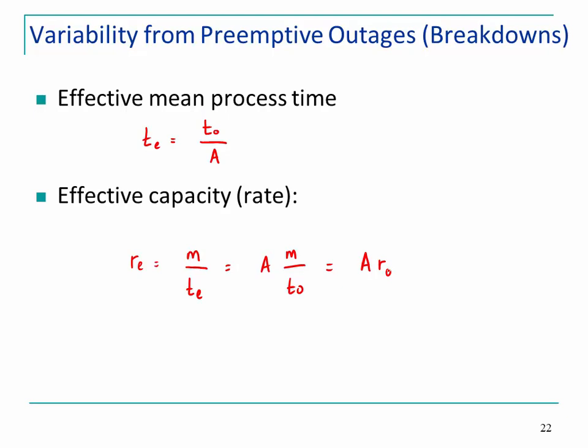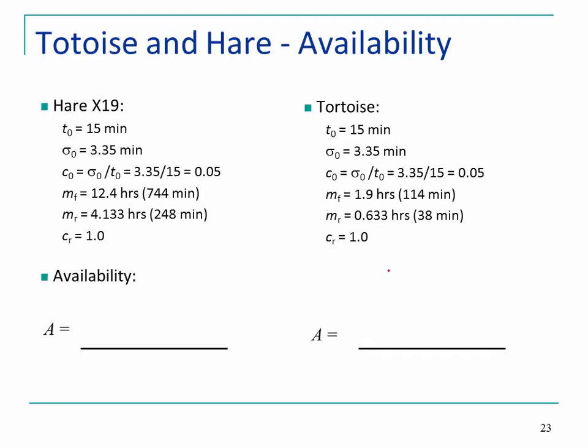Okay, so now we're going to use these concepts to define some of the things that we started discussing at the beginning of this lecture. Remember the example of the two machines, in which we have here X19 and the torque years.